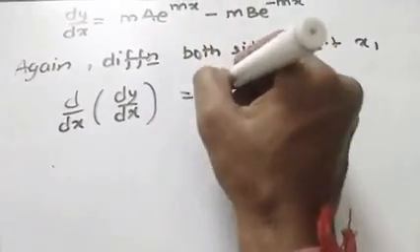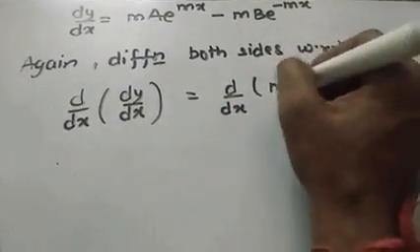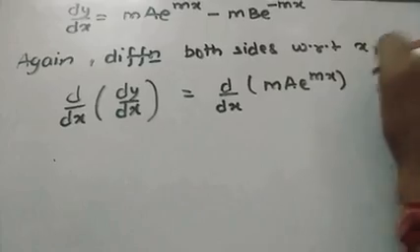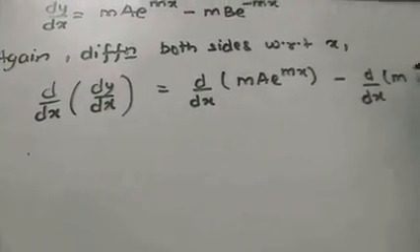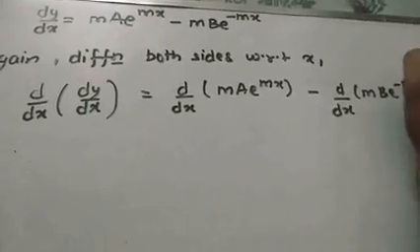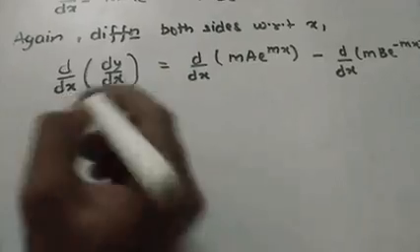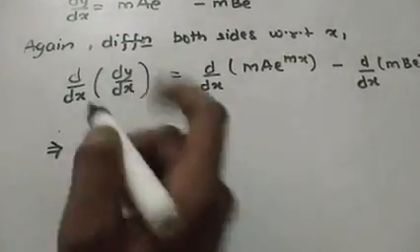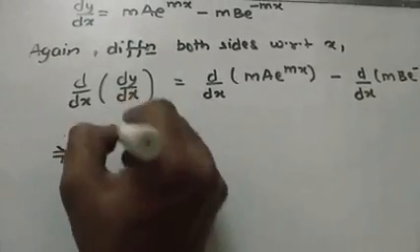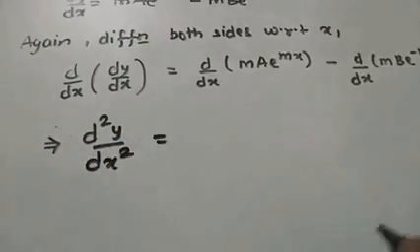and this side also d dx of m a e to the power mx minus this side d dx of m b e to the power minus mx. Now remember one thing, d dx of dy by dx, if you differentiate dy by dx further, it gives the second order, that is d2y by dx2.